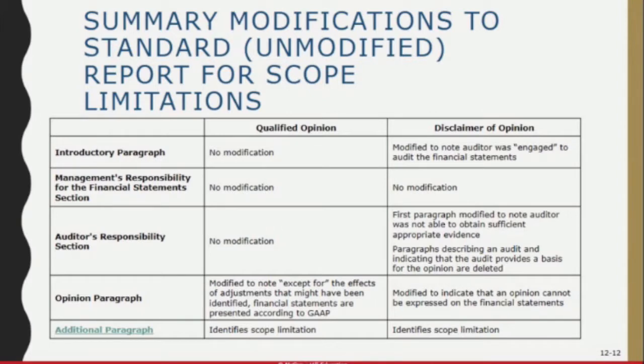So, in a qualified opinion, where it's not pervasive and the auditor could not perform alternative procedures, there's no modification to the auditor's introductory paragraph or management's responsibilities or auditor's responsibility. Instead, the auditor adds a paragraph prior to the audit opinion and then modifies the audit opinion.